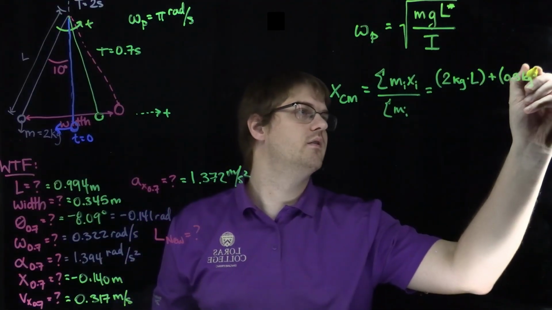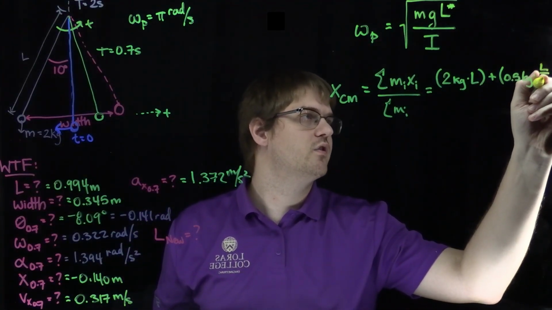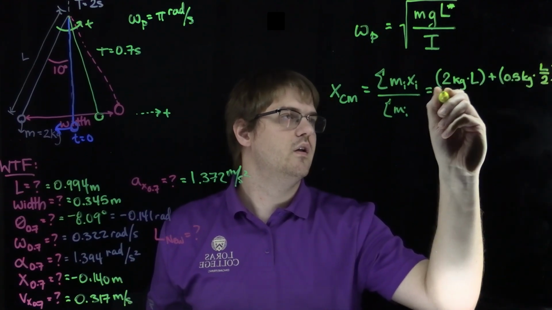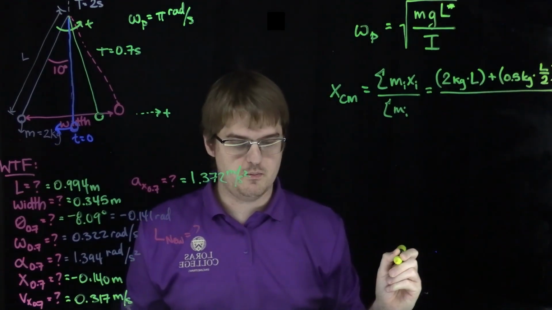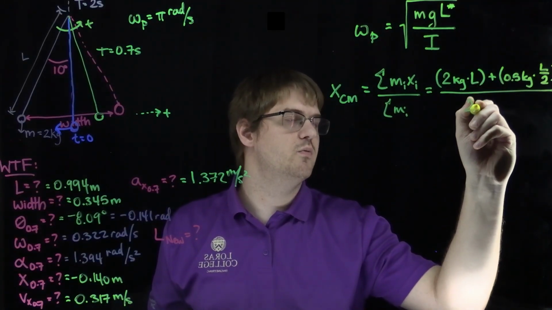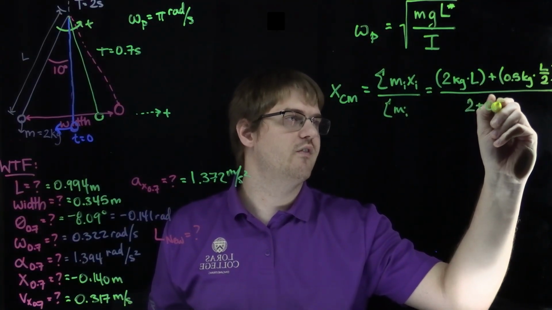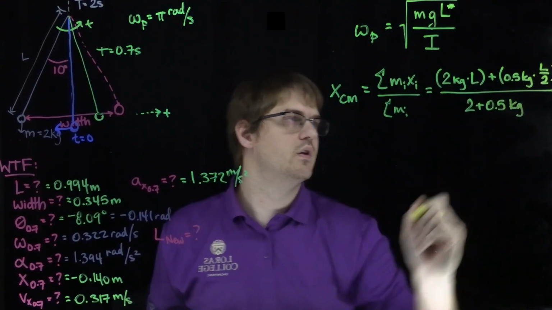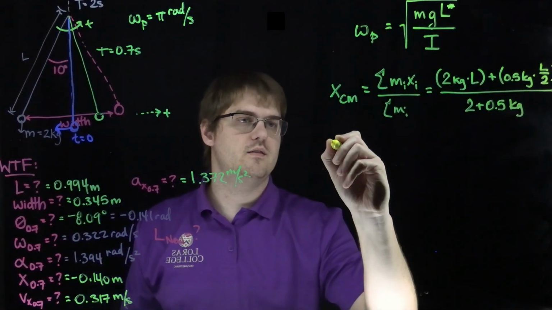So this is L over 2. That whole thing divided by the total mass, which is going to be 2 plus 0.5 kilograms.